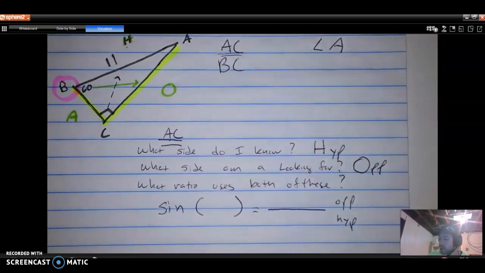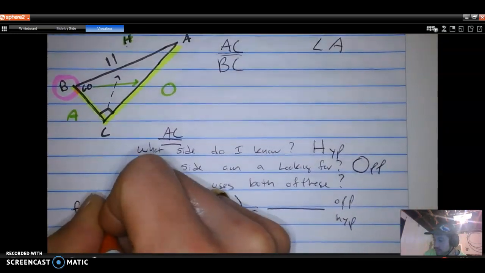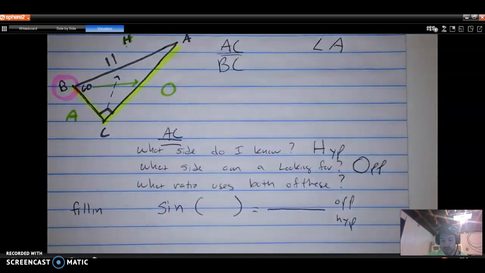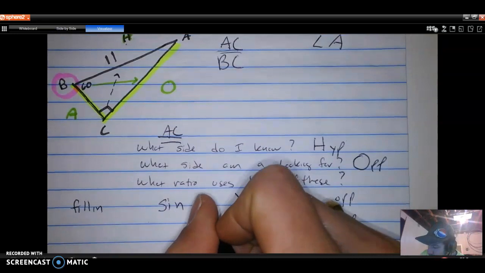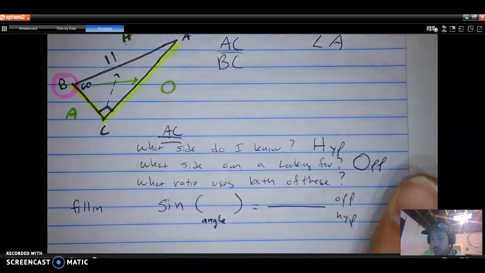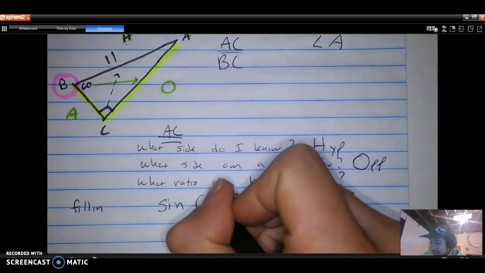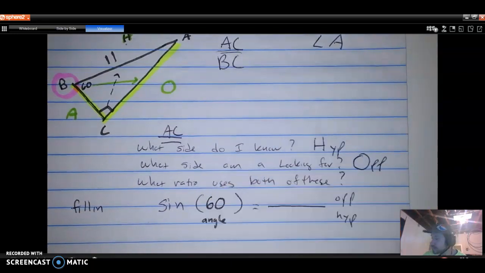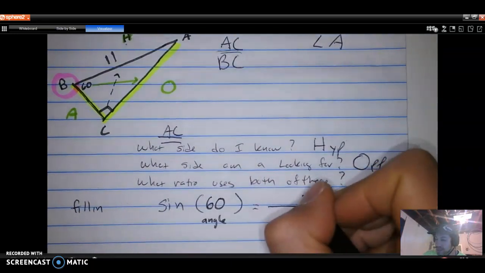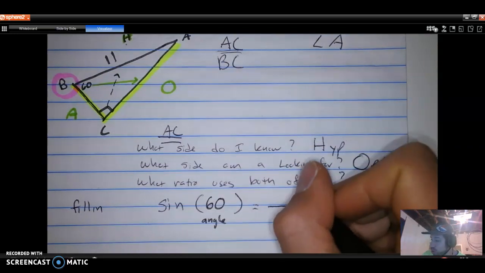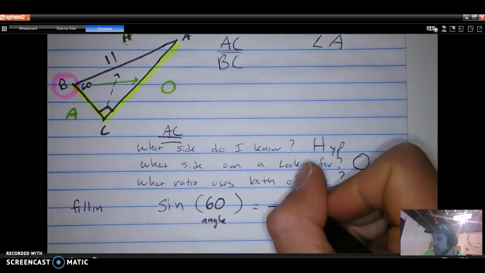So now we can fill in our ratio, just like we did before, right? Sine, remember the angles go inside of sine, or cosine or tangent. Our angle is 60. Our opposite side we do not know. Let's call it x.